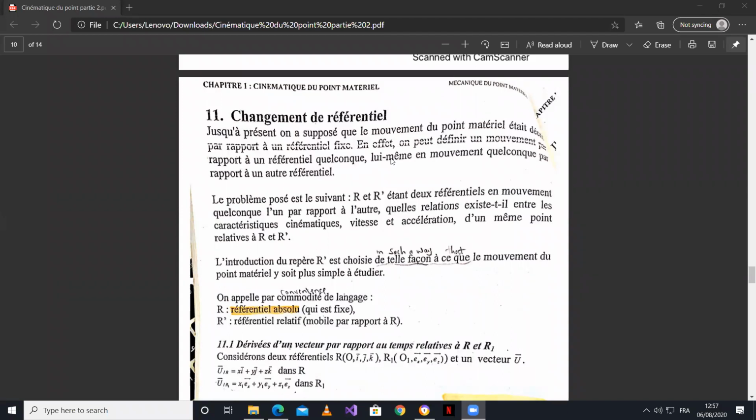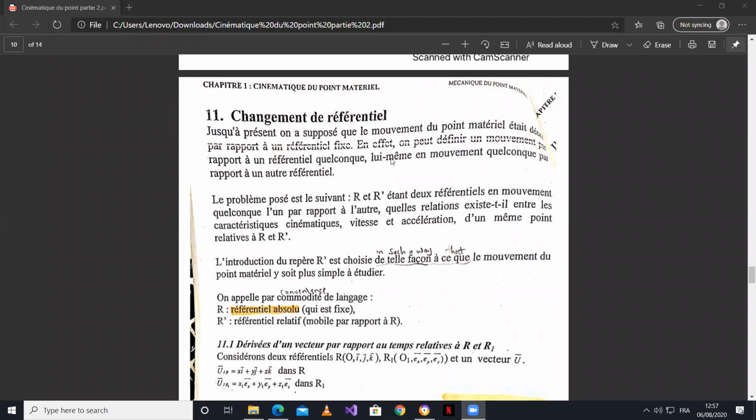So if I'm using the sun as my fixed or absolute referential, I cannot just go directly differentiating. I have to take note of the fact that one referential is moving with respect to another, then proceed with my calculations.